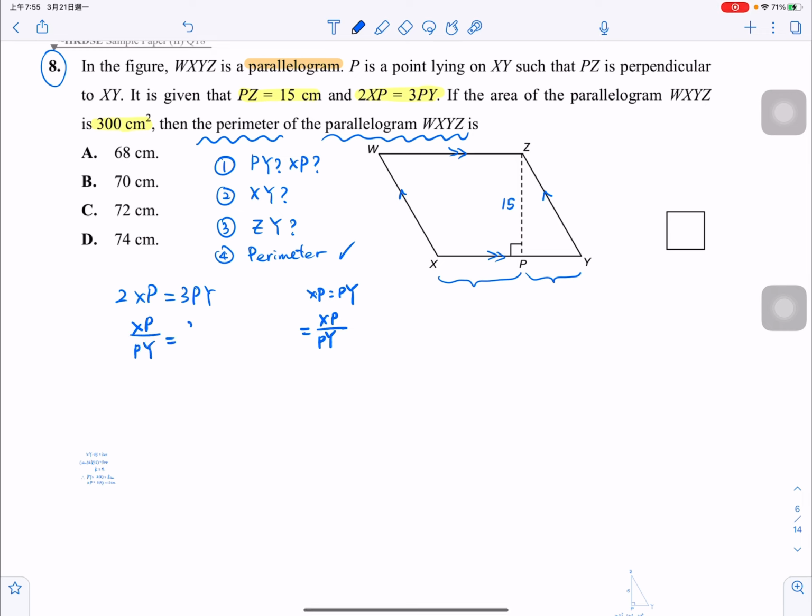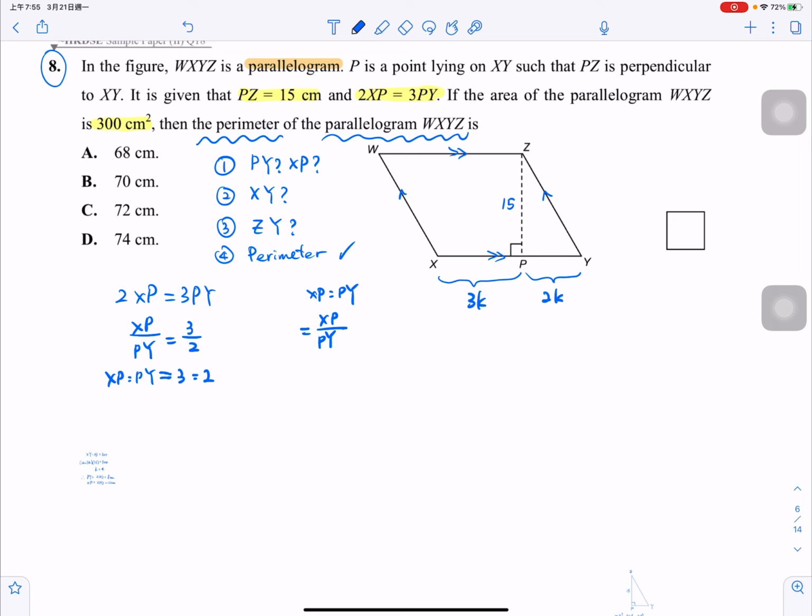Correct, 3 over 2. So XP to PY equals 3 to 2. Here is the colon, here is the equal sign. So you may let XP be 3k and PY be 2k. That means this one is 3k, this one is 2k.